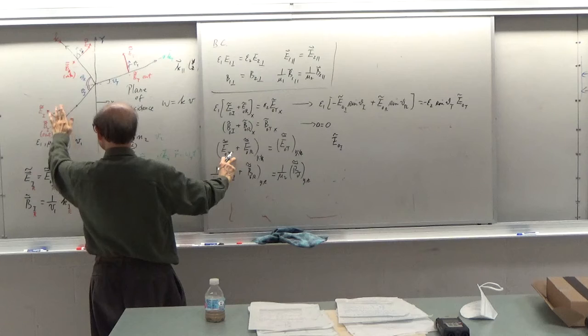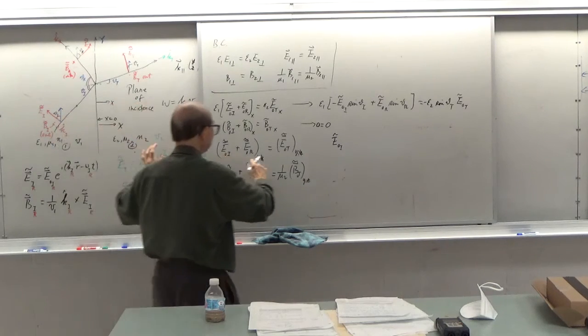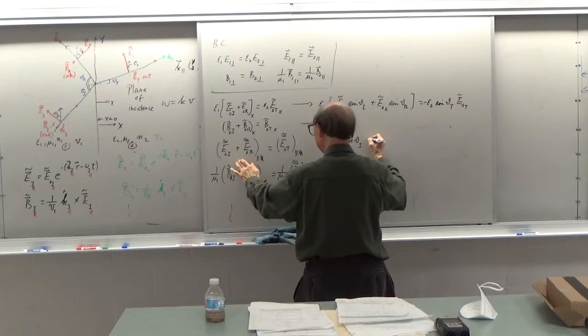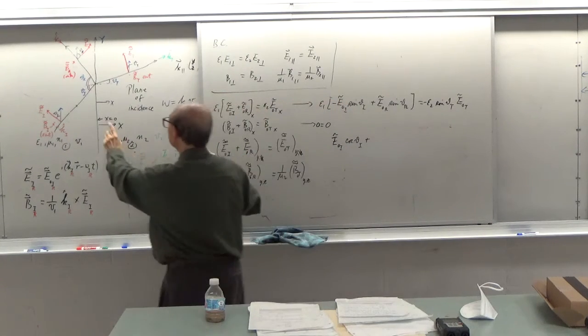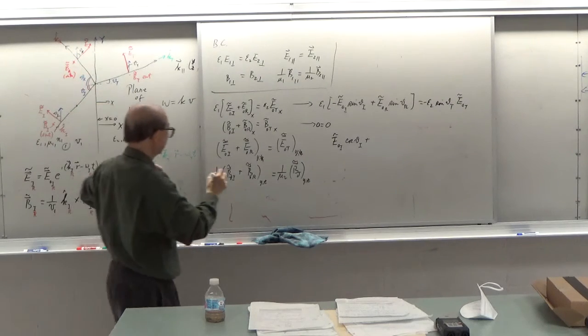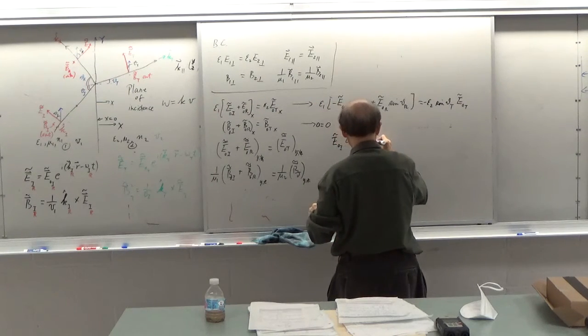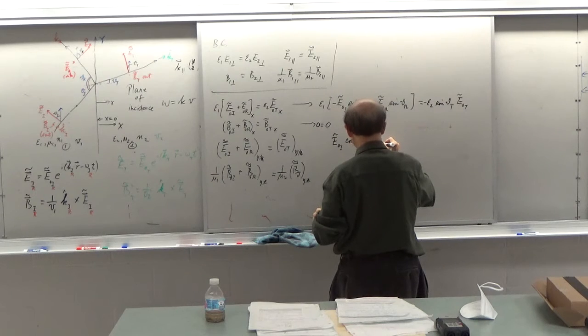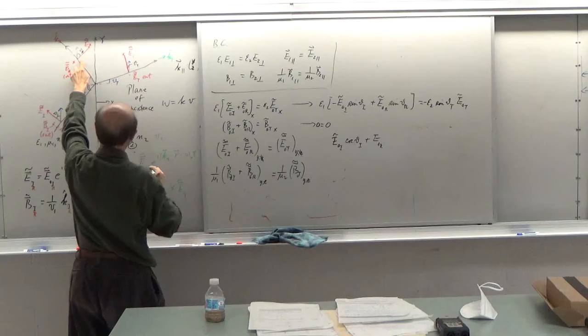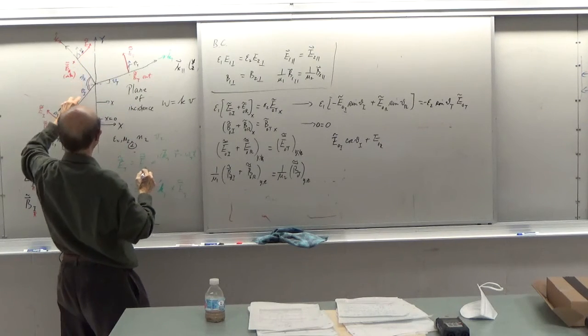So it is times cosine of theta I, plus this one in this direction also multiplied by cosine: E_0R times cosine of this angle, but the reflected angle is equal to this angle.